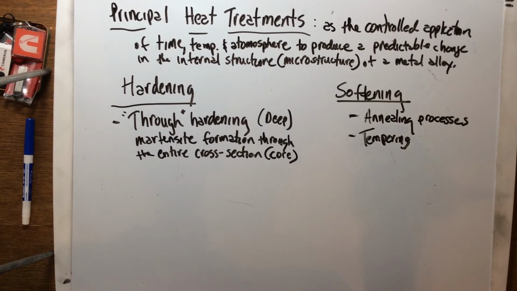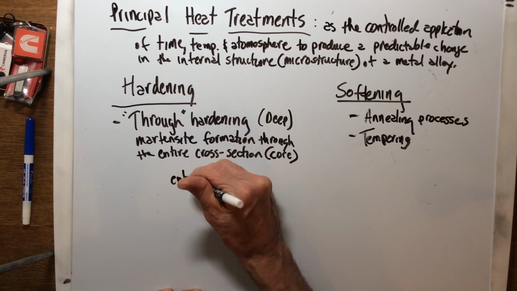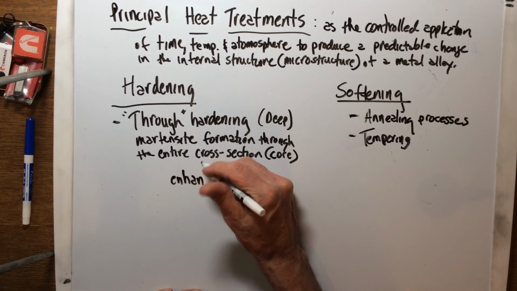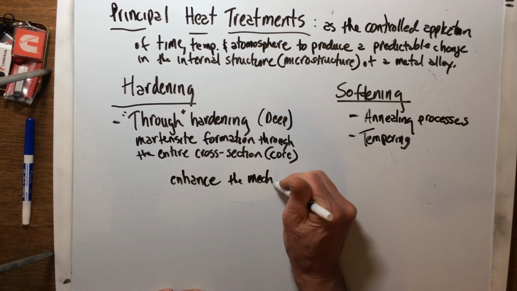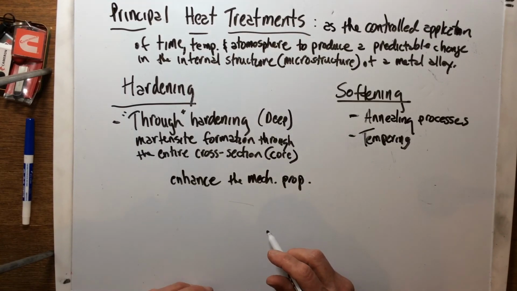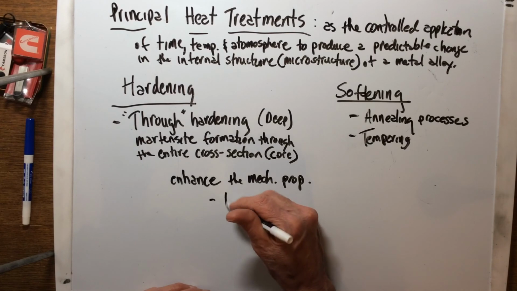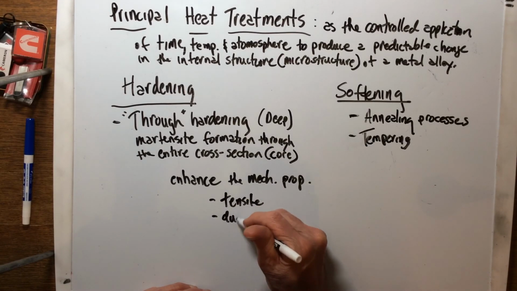Usually heat treating is used to enhance the mechanical properties. All right. And of course, tensile strength is affected by that. Ductility is affected by that.